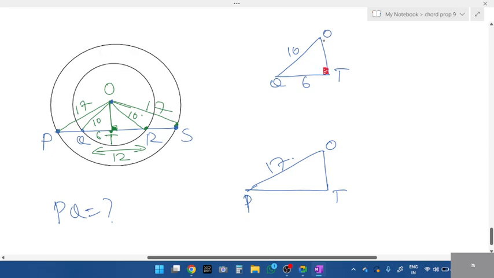Apply Pythagoras theorem and find the value of OT. OT is the same for both triangles, right? Then can I apply Pythagoras theorem for the second one and find the PT value? Complete it. Tell me the value of OT and PT, students.